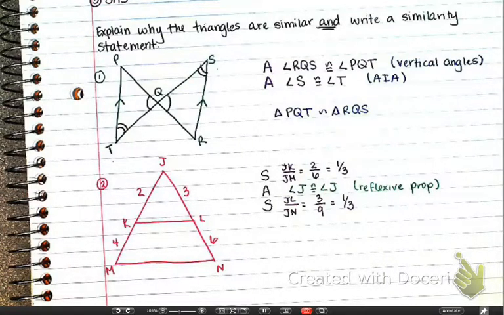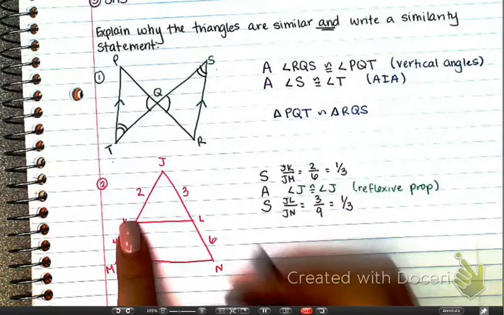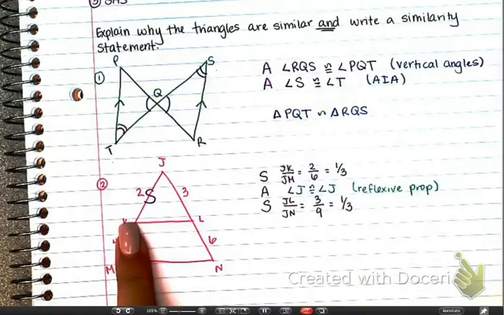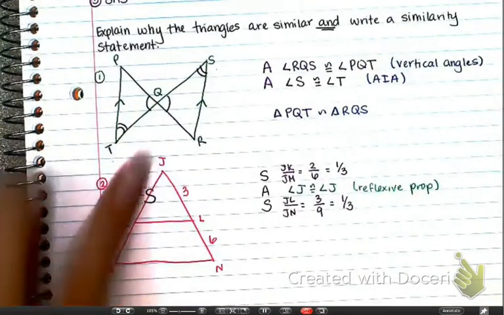Once you have that written, I want you to put your pencil down because I want you to see something. Because we prove side angle side, it literally has to go in that order. So if you are struggling finding a side or an angle, if you write things out, it will be helpful. So for instance, here is my side, right? And it would be the same for the big triangle.